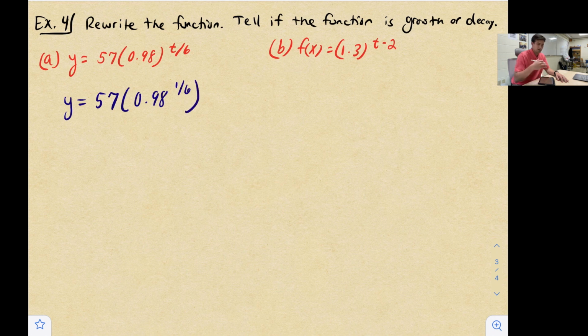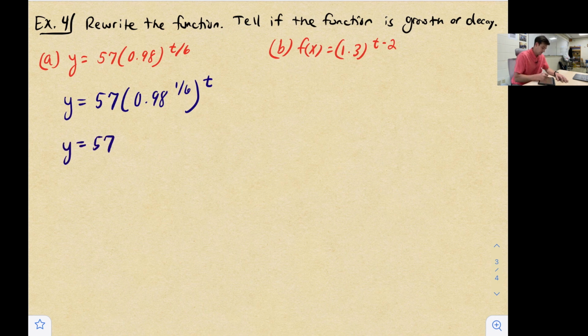And then what do I multiply 1 over 6 by for my exponent to be t over 6? Well, that would just be t, right? So now that would be an example of power-power product. So 1 over 6 times t would get me to t over 6. So essentially what we did is we undid power-power product, so that now we can evaluate this 0.98 to the 1/6 power.